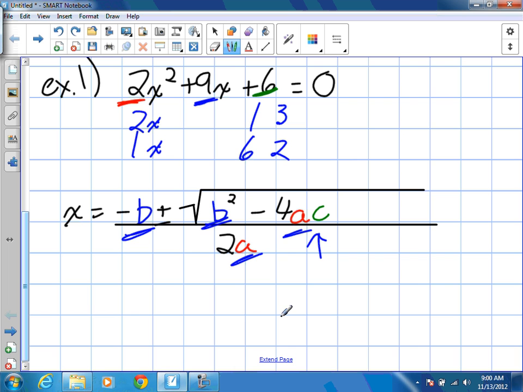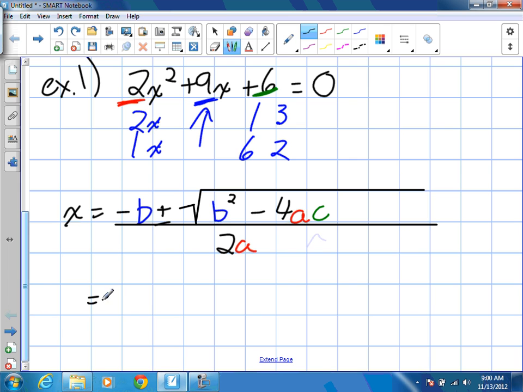Okay? So let's take our b value, which is 9, and we're going to plug it in. So we get negative, and I'm going to plug it in with its integer in front, just so you guys get used to this. Positive 9 for b.